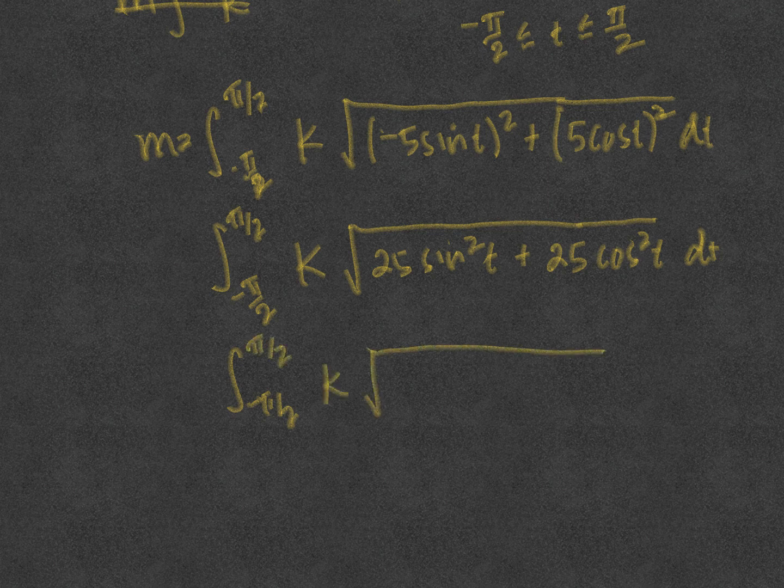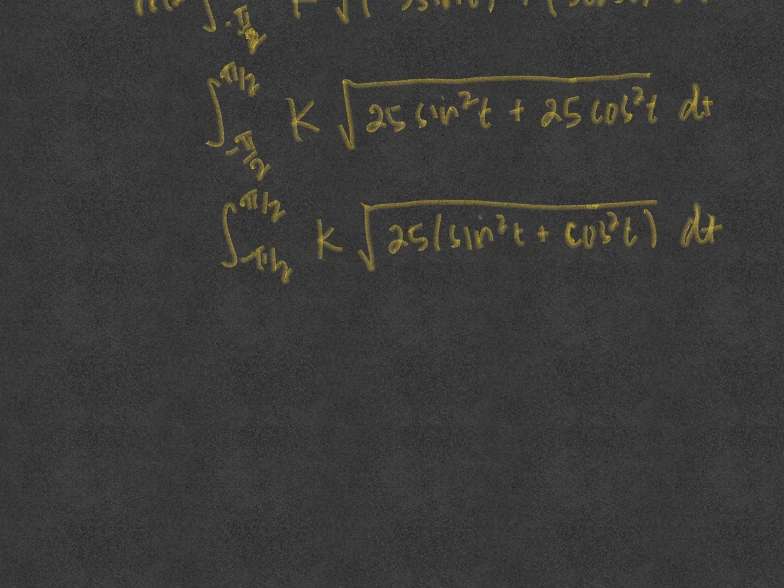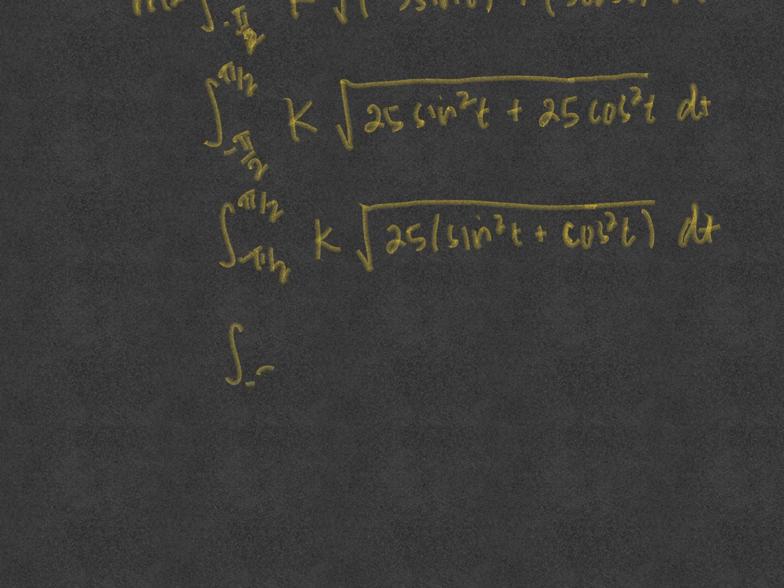So we have the square root of 25 times sine squared t plus cosine squared t, dt. I think that you could skip this line, probably. Now the integral goes from negative pi over 2 to positive pi over 2. So we have k, and the square root of 25 is 5. And sine squared plus cosine squared is 1, so we just have 5 times k.